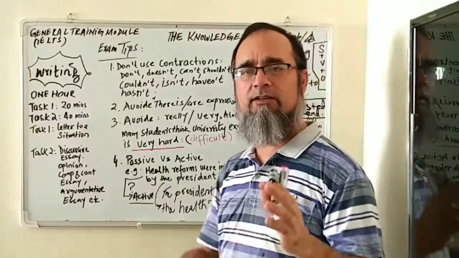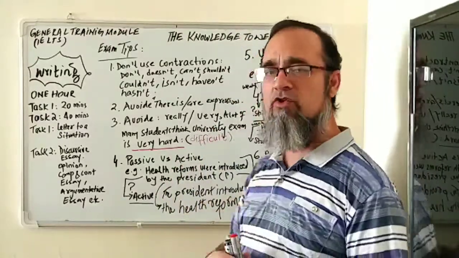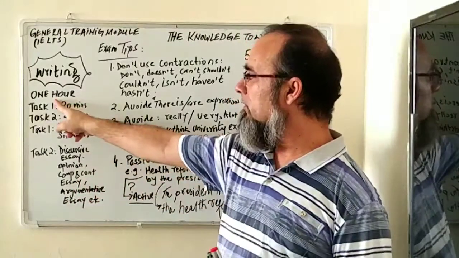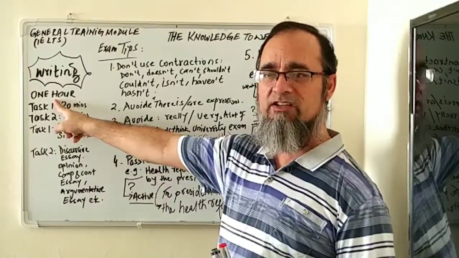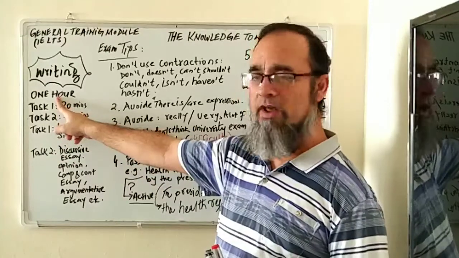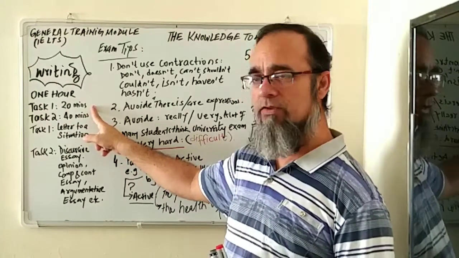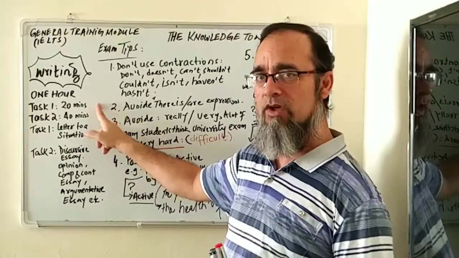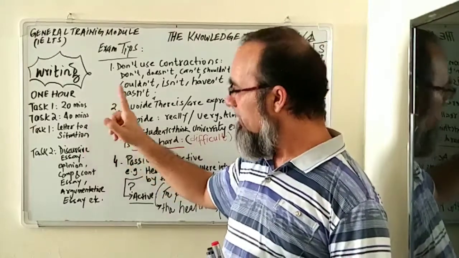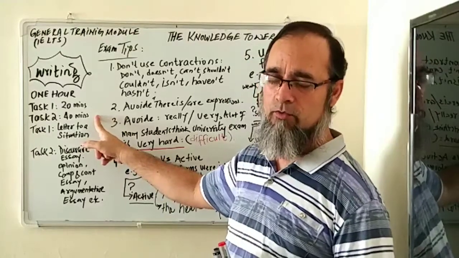So it is much better that you understand the instructions carefully and then try to be brief and to the point, because you have a total duration of 1 hour for writing task 1 and writing task 2. So divide your time: try to finish task 1 within 20 minutes, save 1 minute here, and try to finish writing task 2 in 40 minutes, but try to finish it before that, at least save 1 or 2 minutes here.